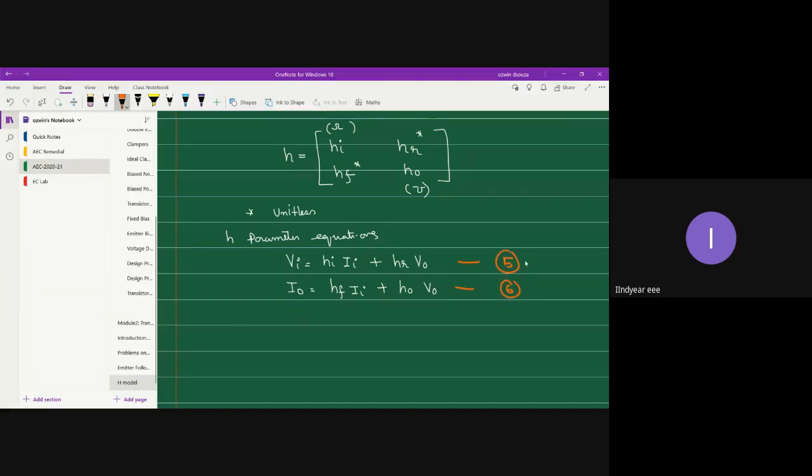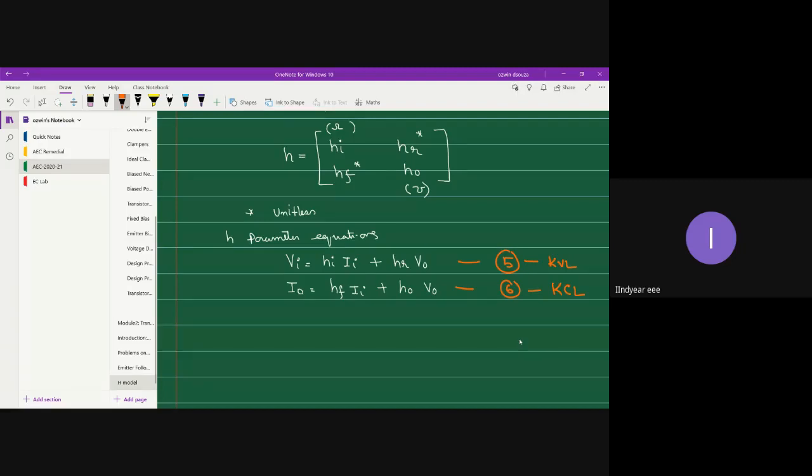Equation 5 is something like voltage equal to current into HI and voltage into HR. So equation 5 is basically the KVL equation. On the other hand, I0 is some HF into Ii and some HO into V0. So this is basically your KCL. So equation 5 is KVL and equation 6 is KCL.